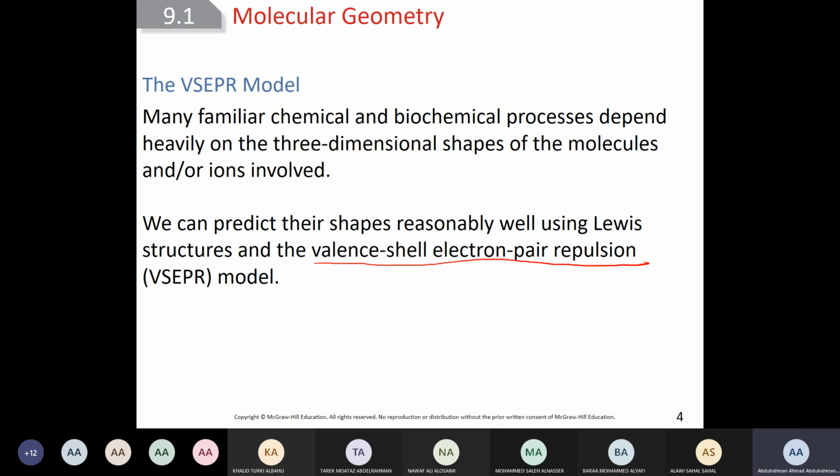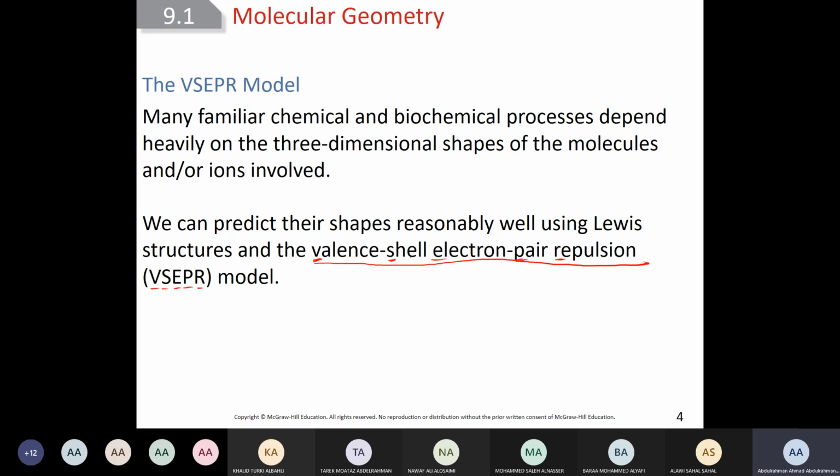Valence shell electron pair repulsion model. VSEPR, the first letter of each word. Is this clear? I want you to memorize the name: valence shell electron pair repulsion model.